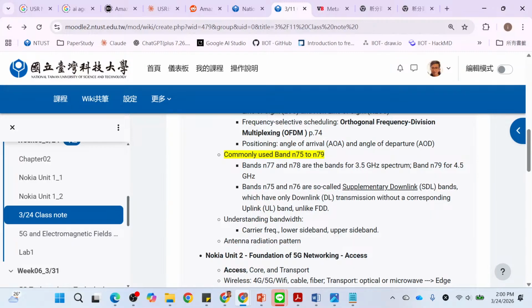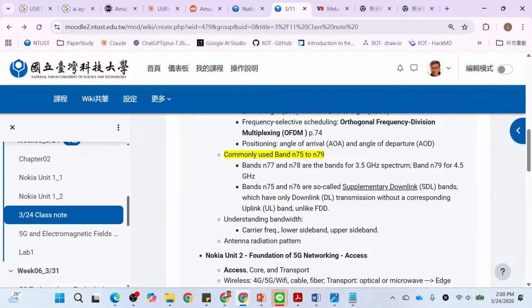It's used to increase, like I just said, if you are going to increase your transmitting speed, you may need to double the channel, like that. Okay, so it's a supplementary downloading band, which has only downlink transmission without a corresponding uplink, so it can only be used for downloading.